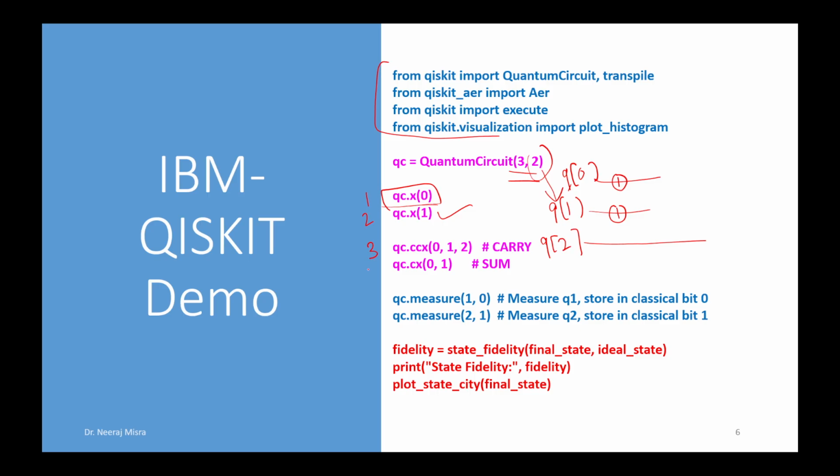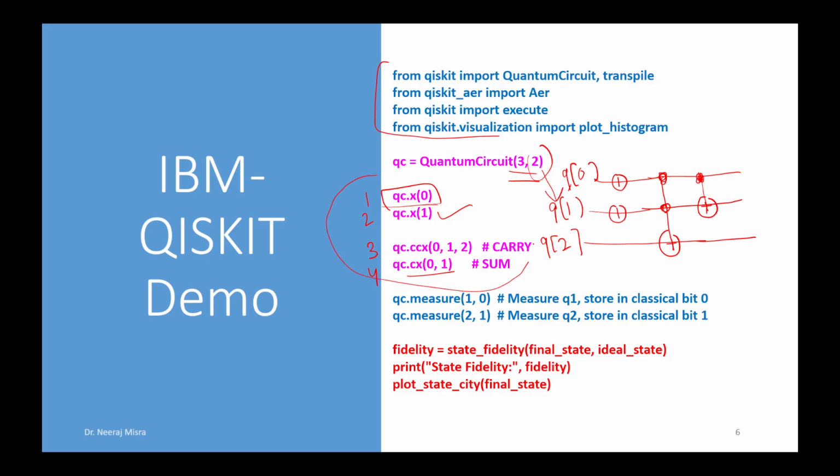Suppose the third line denotes the CCX gate, which has 2 control points and 1 target qubit. And the last line has 1 control line on the first qubit and the second qubit. So it is a complete circuit.